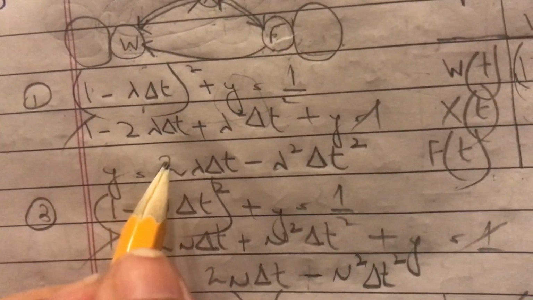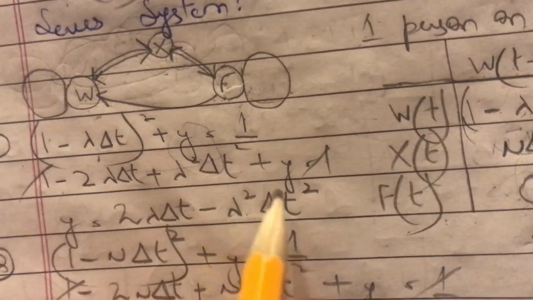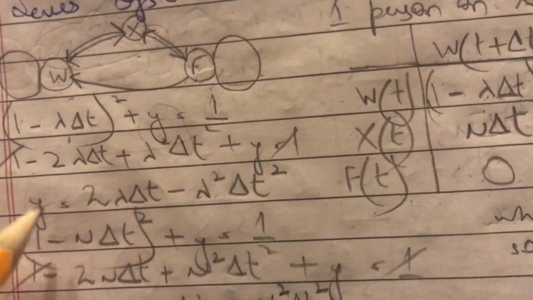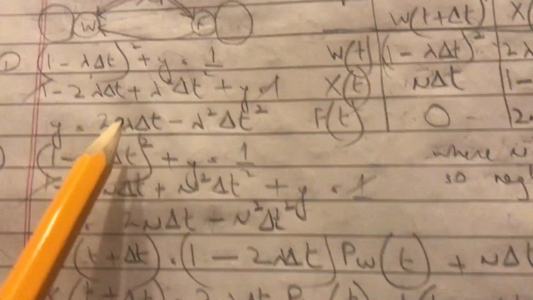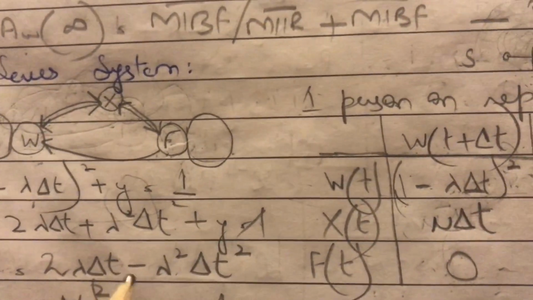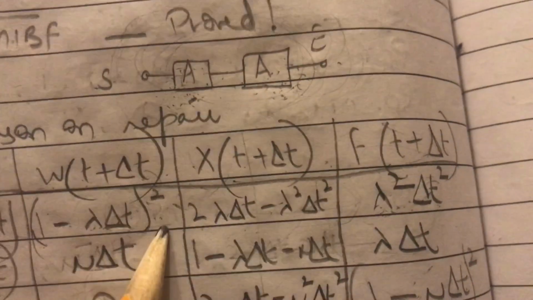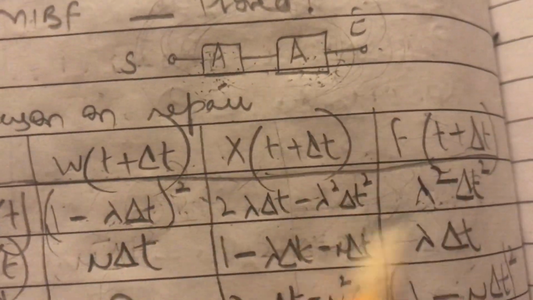So it becomes 2 lambda delta t minus lambda square delta t square. This is the value for our x, that we name y. Clear? So the value is 2 lambda delta t minus lambda square delta t square. So we have got the conclusion.